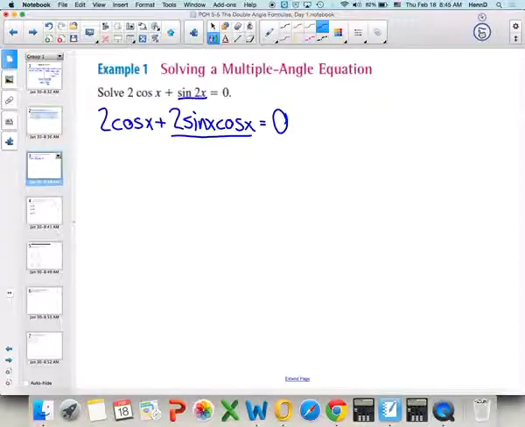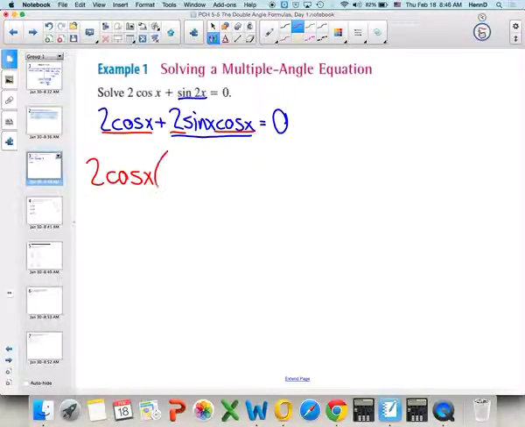Now, even though we still have more than one trig function in the equation, we know how to handle these. What are we going to do next? 2 cosine x times 2 sine x plus 1. There's a common factor of 2 times cosine x, right?